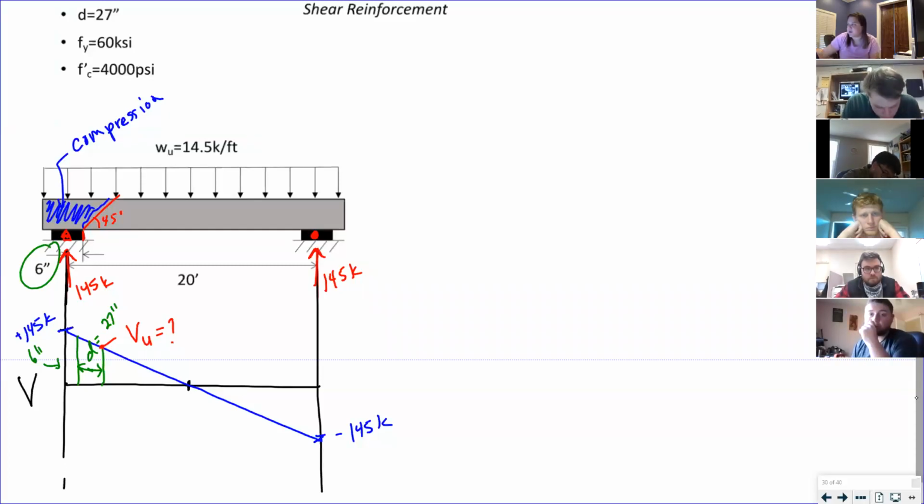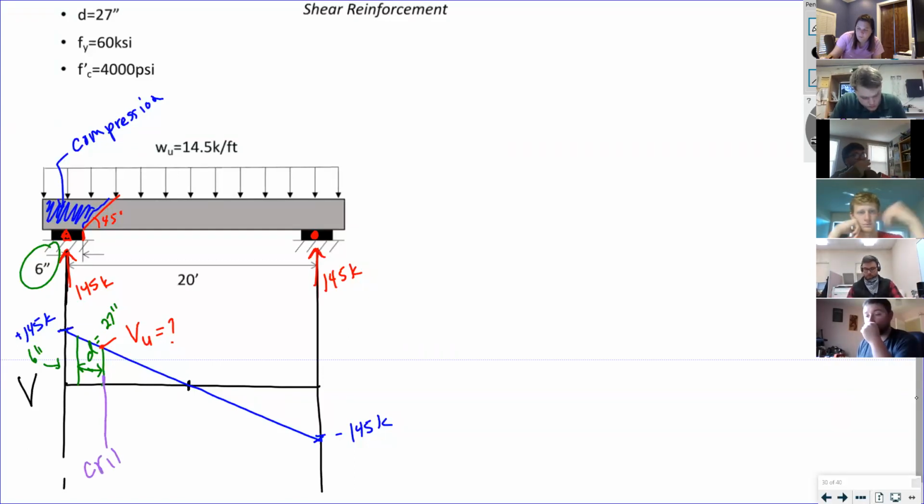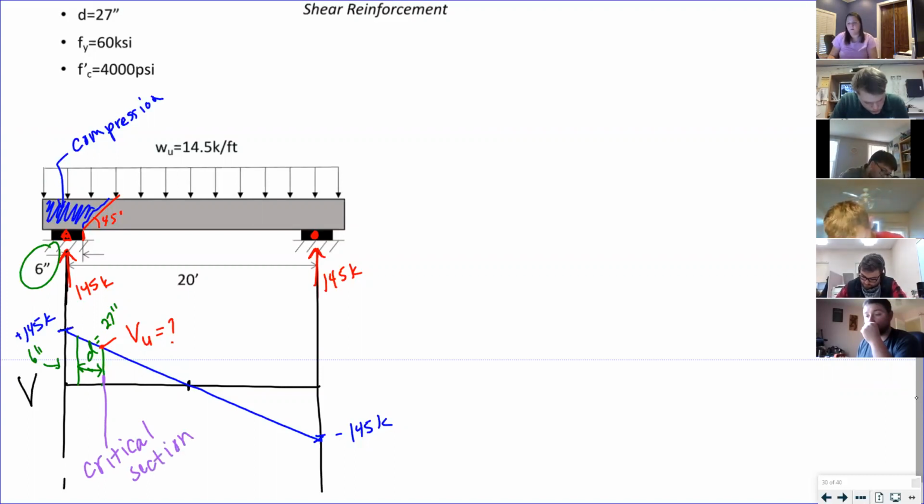So that's the critical section, is what they call it, because that's the highest shear that you have to design for. The higher shear to the left of that is all in compression and does not really have a shear force in it. It'd be the same on the right side too.